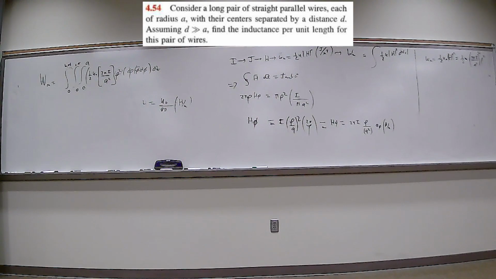This is on page 269. It's equation 4.105. Take a look in your book, page 269, equation 4.105. That's the internal inductance per meter, internal.